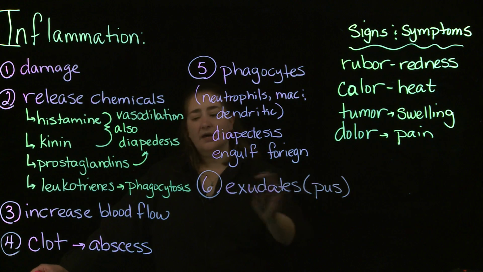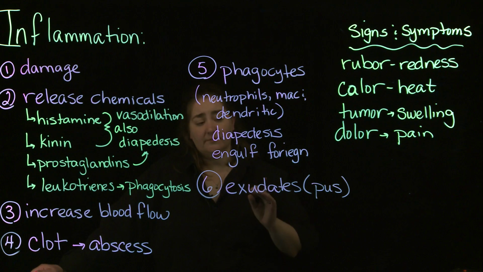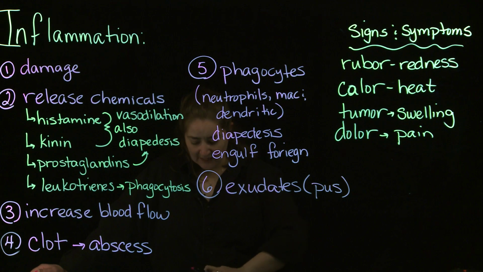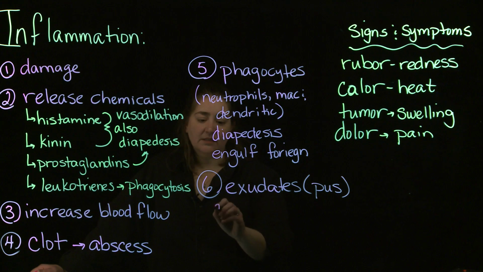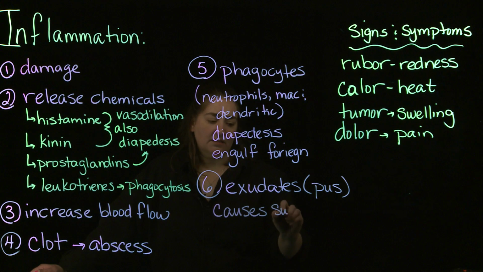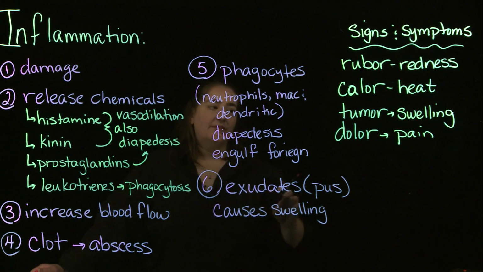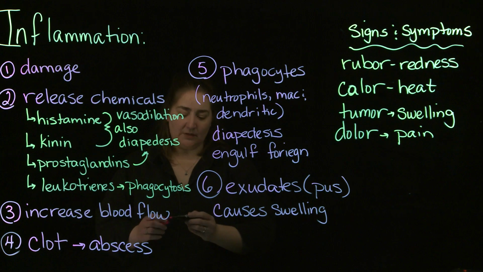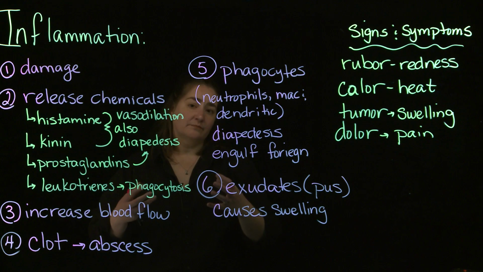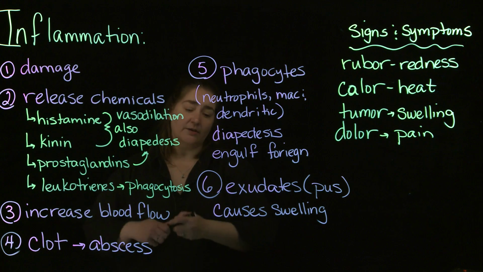Some of this pus and the abscess are associated with the tumor here, with the swelling, all right? And in terms of that exudate, what that does is it causes swelling, all right? And when you've got that swelling that happens, that's going to be what triggers the pain, because you're now hitting or causing pressure on nerve endings, all right?